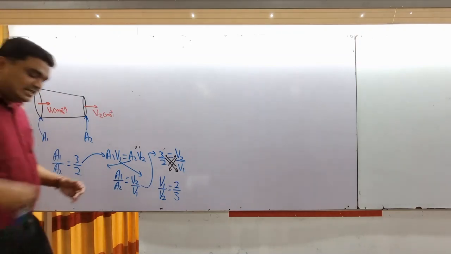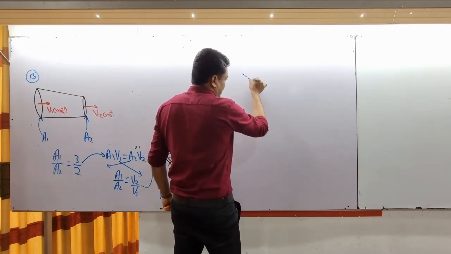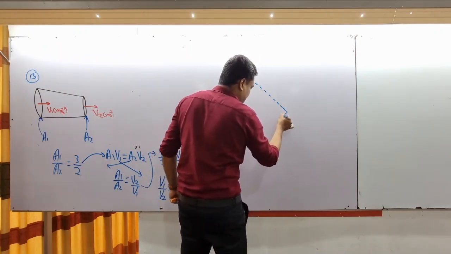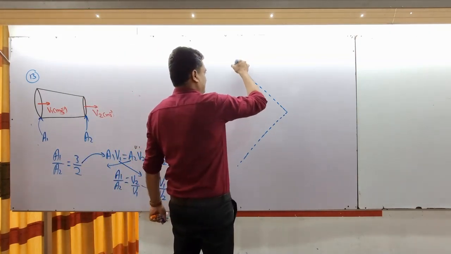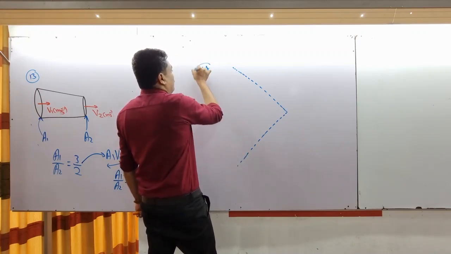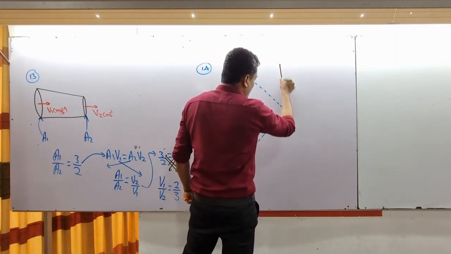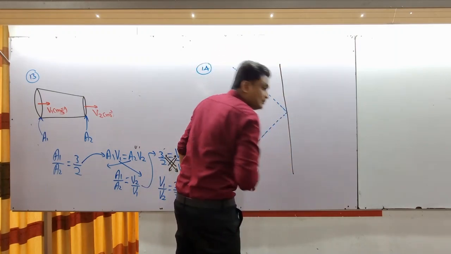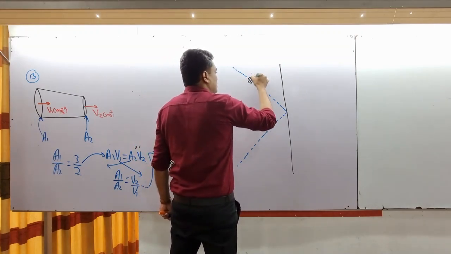A ball is coming along this dotted line path. It hits the wall and rebounds. So this is what is given in the question. This is a ball, coming with the velocity of u.